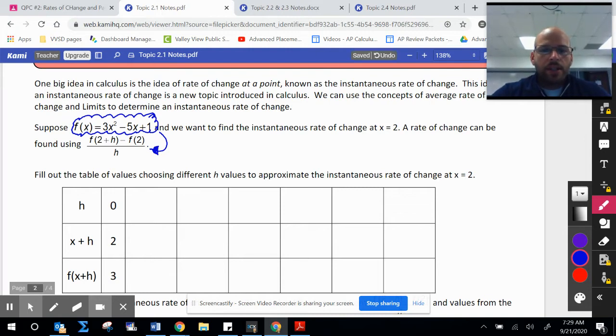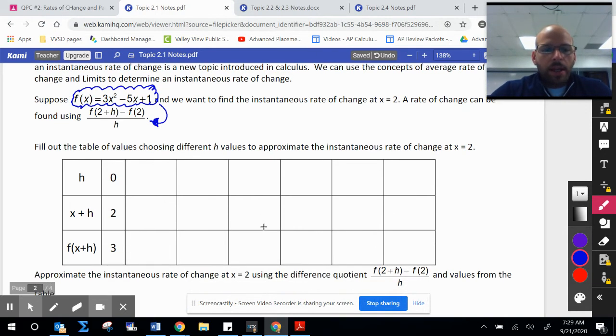So I have a little activity here, and I'm going to use my calculator to fill it out. I give you a point of 2, comma 3, right? So 2, comma 3 is my starting point. And we're going to add a value to it. Let's say we start with 1, right?